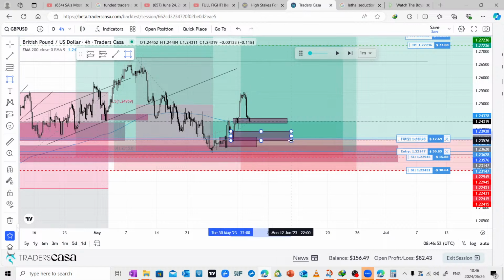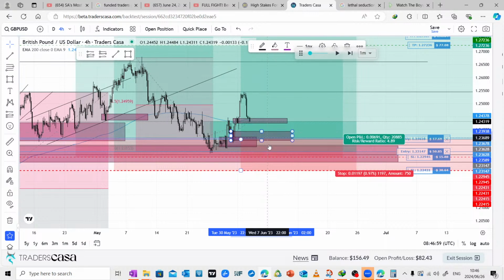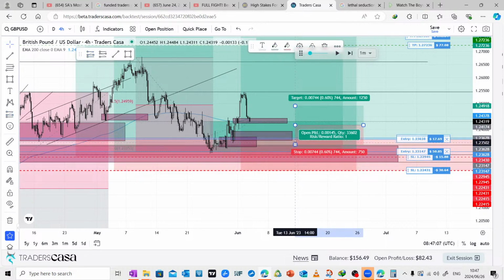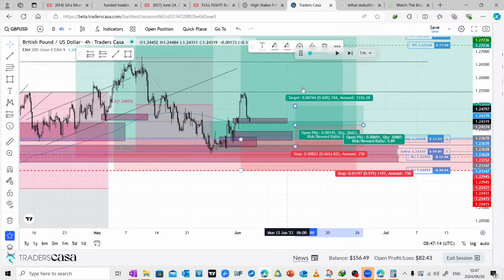So someone once told me that as long as your stop is not tight, you would always make money in this thing. So another entry for long is me jumping in here, put my stop just below this fair value gap right here, because that's the one that caused the push to the upside.